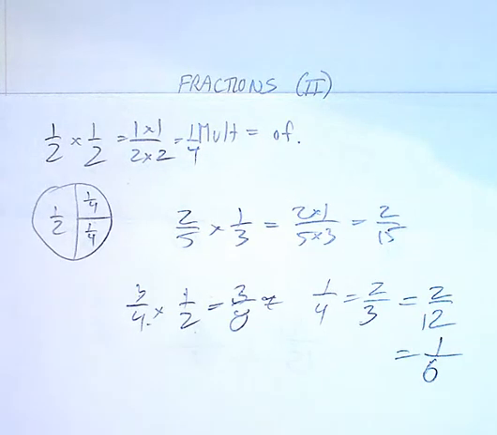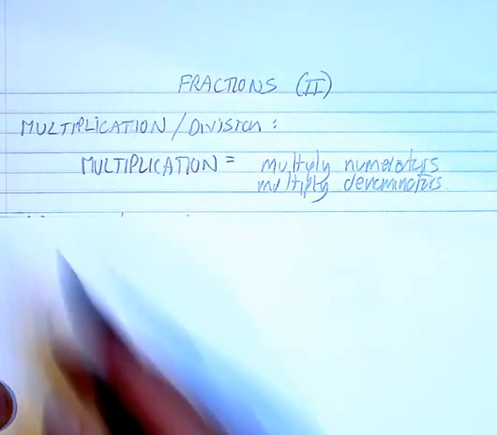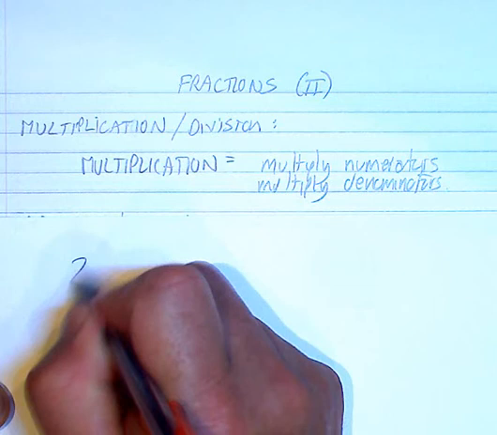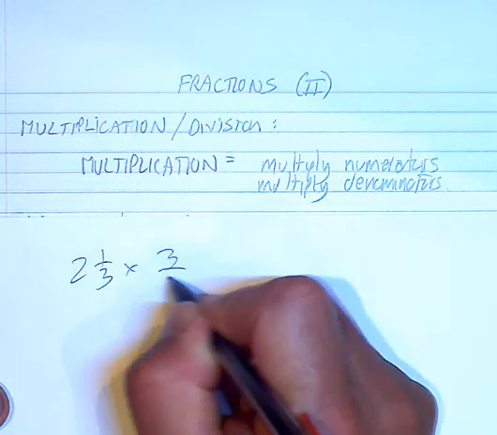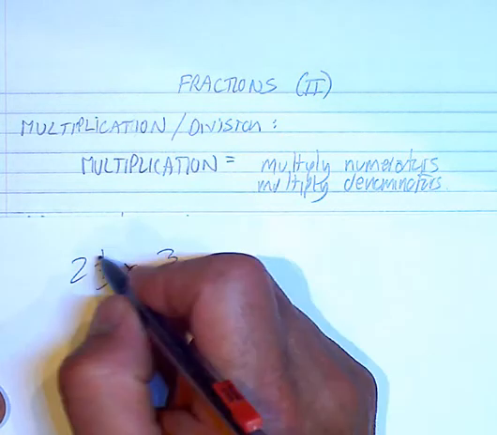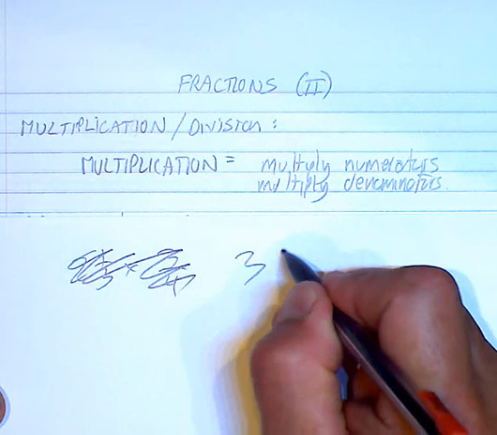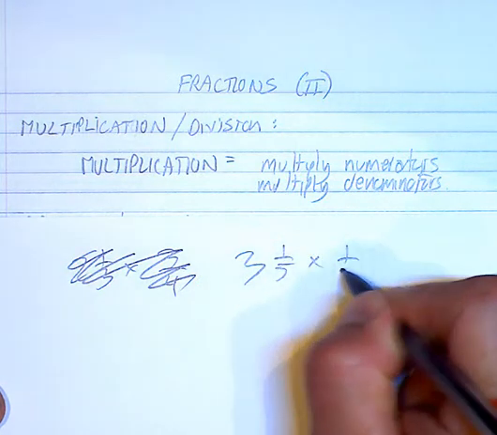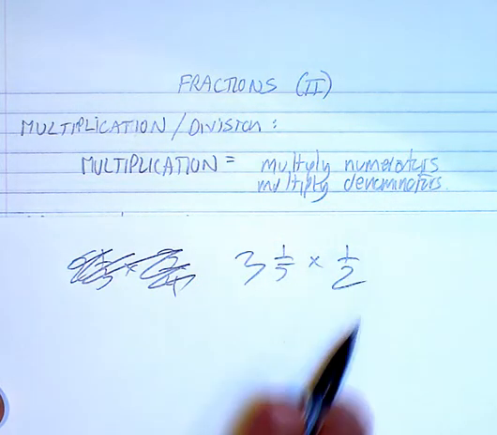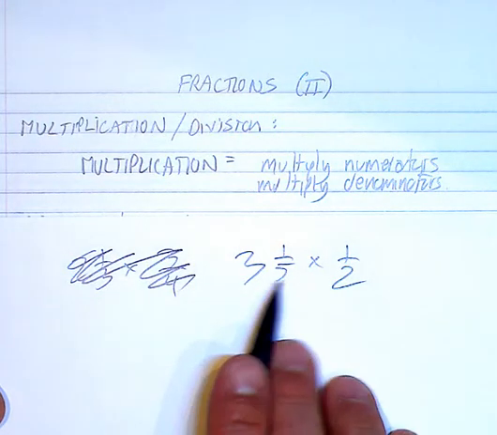What about if you have improper fractions or mixed numbers? If I have 2 and 1/3 times 3/4, what you would do is turn this into... let's choose a different number because that's what I had done last time. How about 3 and 1/5 times 1/2? You can multiply the half by that and then the half by that, but it becomes more complicated. Much easier just to turn this into an improper fraction.